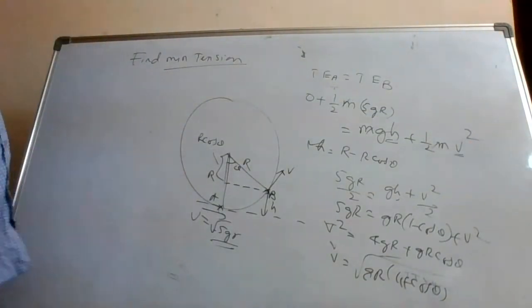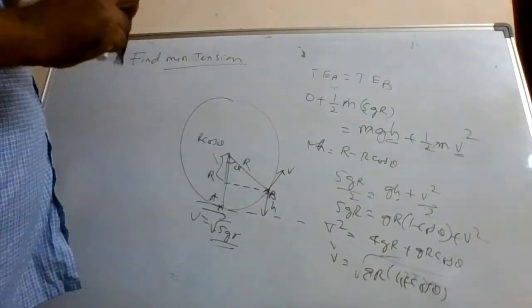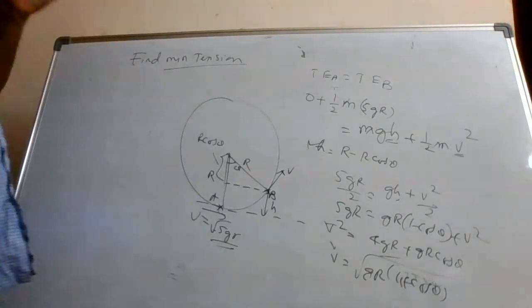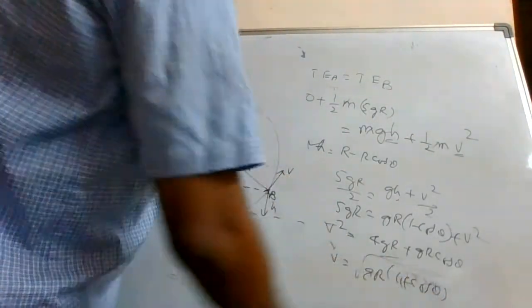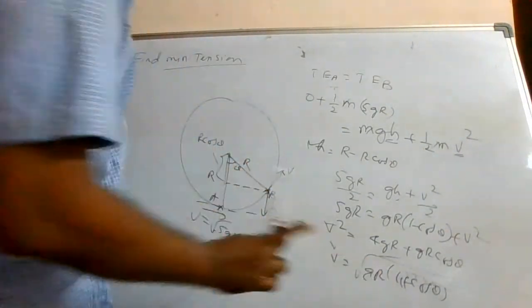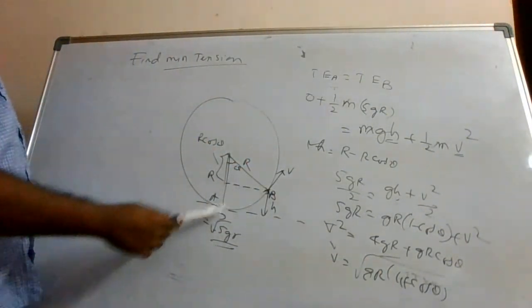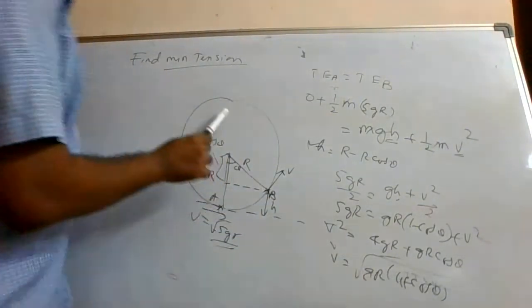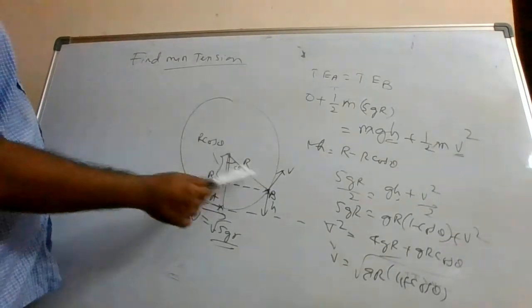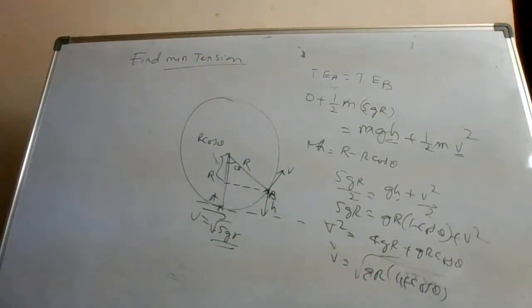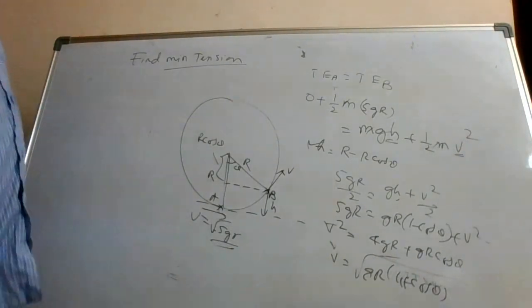Is it perfectly right? Or did I make any mistake? Put theta is equal to 0 here. How much are you getting? Cos 0 is 1, 4 plus 1, 5. That's what you got, no? What is theta is equal to 0? The position is here. When the object is at the top, theta is equal to 180. 4 minus 1, how much are you getting?